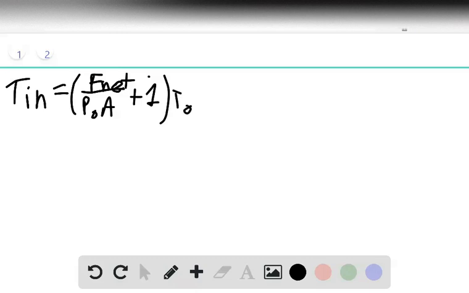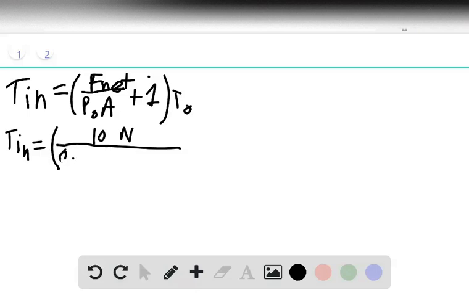And we can plug all of our numbers into this. We have all these values. Okay, so T in equals 10 newtons, which we're told is the net force that's required to pop the top off, over... we're going to convert atmospheres to pascals.